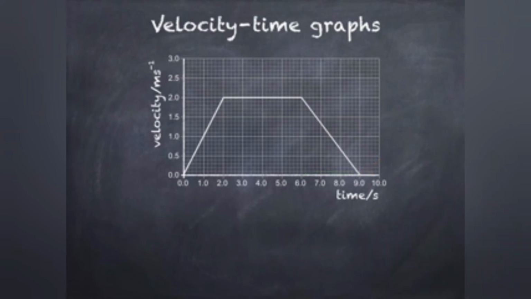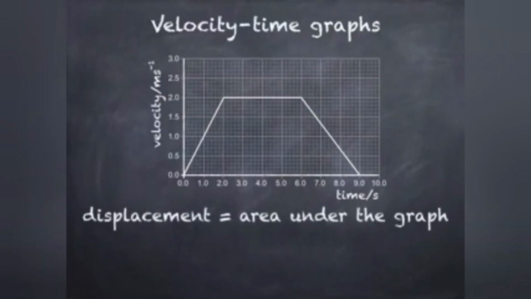So therefore, to get the displacement of a velocity time graph, we need to first find the area under the graph. You have to take note that this will comprise 3 sections, which are 2 triangles and a rectangle. For the triangle, the formula to calculate that gives us half base times height.